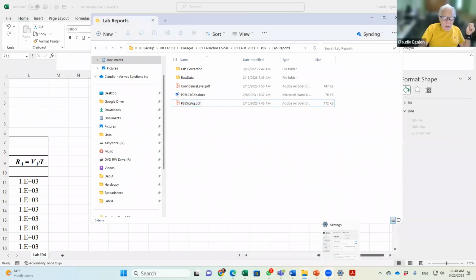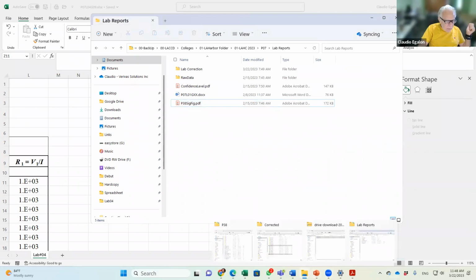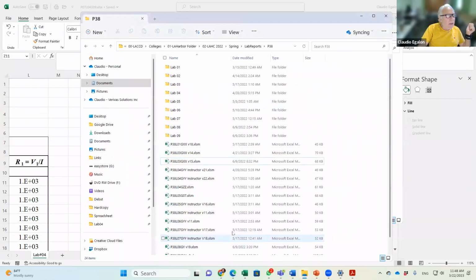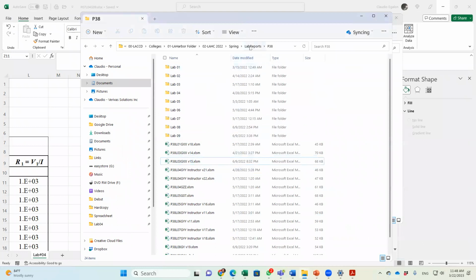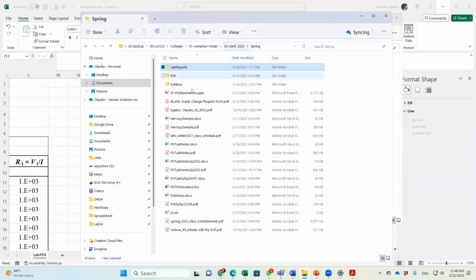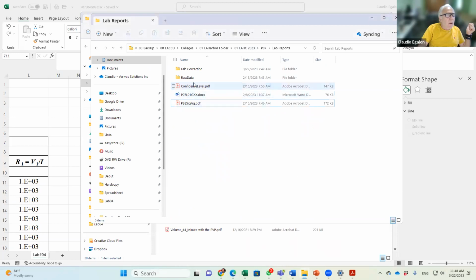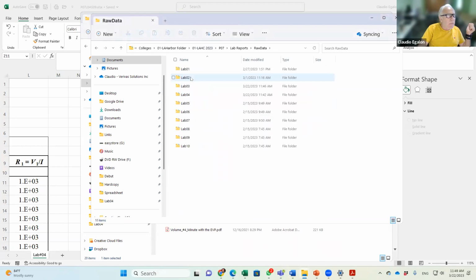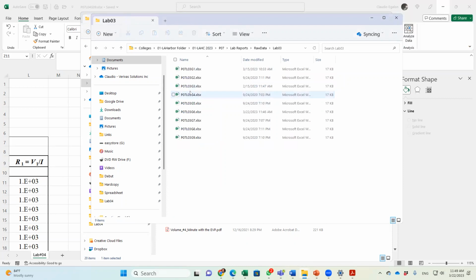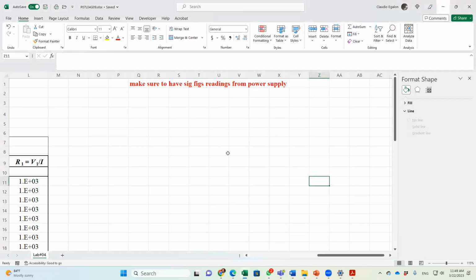Yeah. Okay, so let's see, corrected, 38. I was kind of confused on the significant figures as well, and it looks like we need to clean up. Okay, let me get your report. Lab 3, group 3.